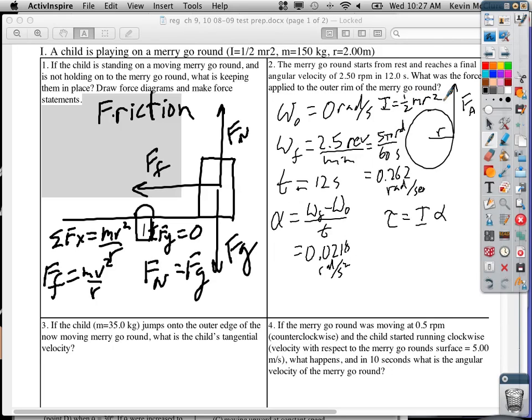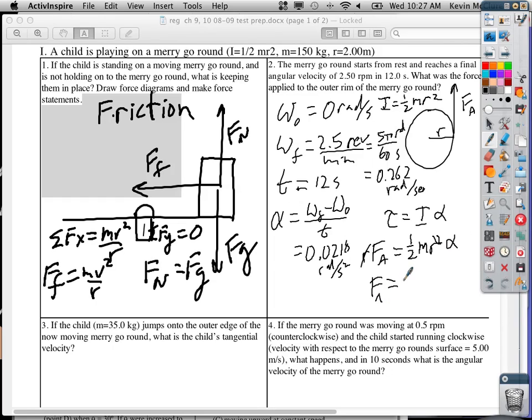Okay, and then the torque is supplied by what? This one is caused by F sub a, because that's what I'm asking for. So this is going to be R times F sub a equals 1/2 mr squared times alpha. We already know alpha, so you don't have to crack it open. So for F sub a, we can cancel this R right there.